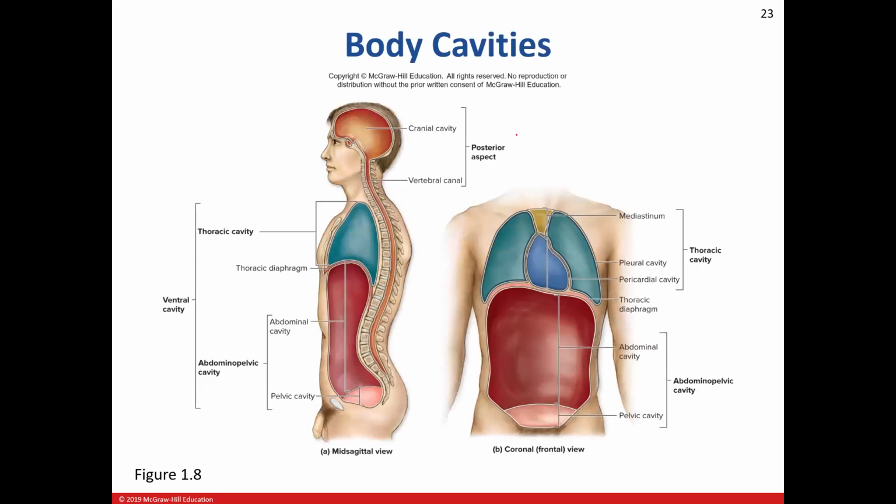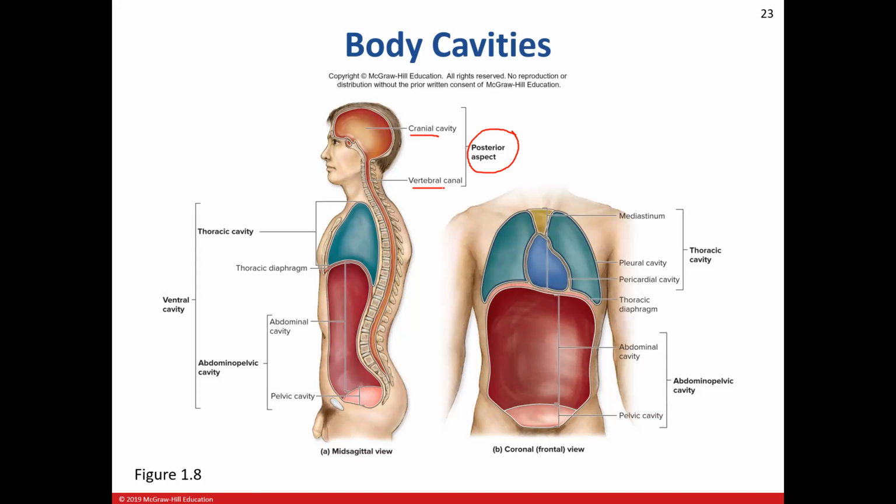So here you can see the posterior aspect. It's made up of the cranial cavity, which is basically the space where your brain sits, and also what we call the vertebral canal. The cranial cavity is covered by all the cranial bones of your skull, and the vertebral canal is surrounded by the vertebrae.